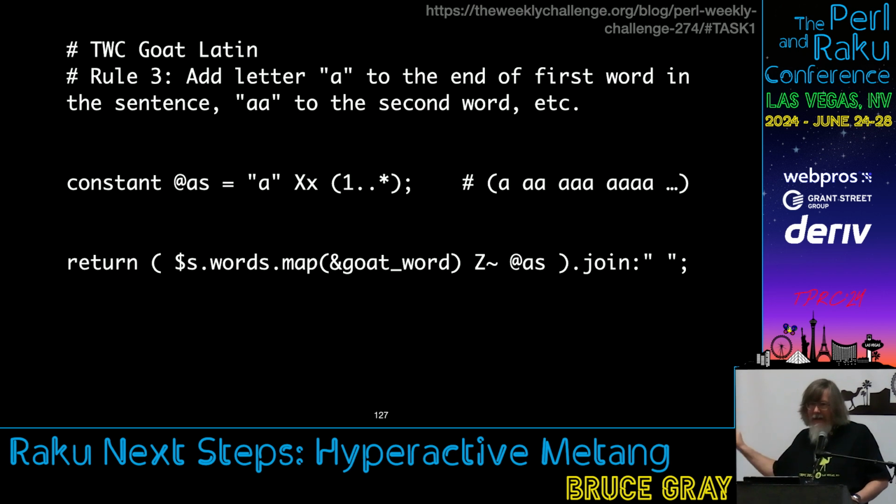The lowercase x is the string repetition operator in Raku. And so XX with one thing on the left is going to be a scaling. And on the right, we have an infinite list of 1 to whatever, a constant array.